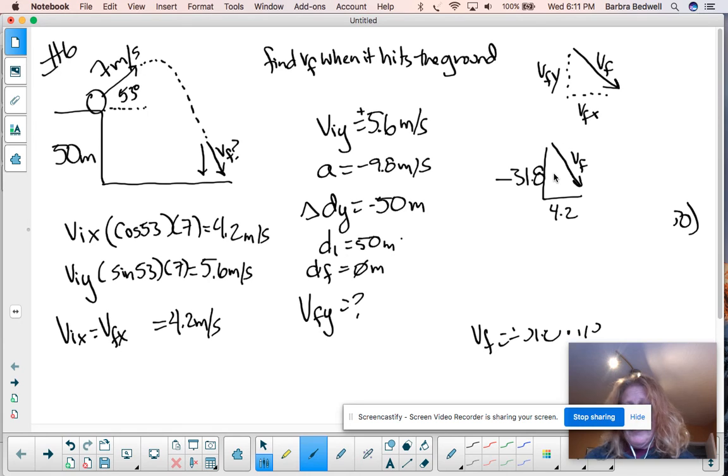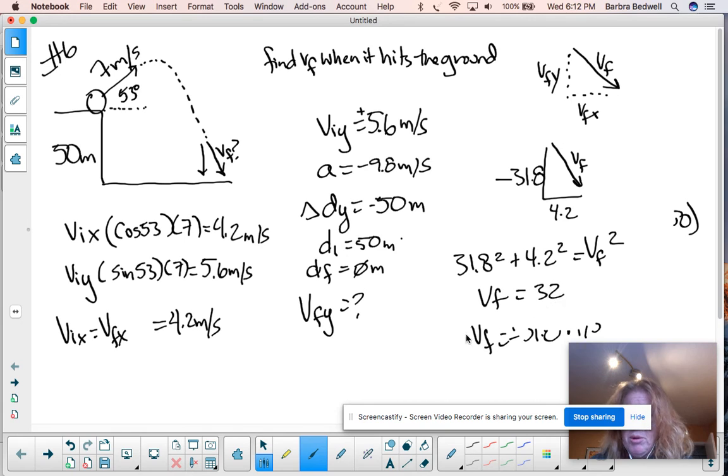So 31.8 squared plus 4.2 squared equals VF squared. So I get VF squared is 1027. And then I take my square root of that. VF here ends up being approximately 32.05.